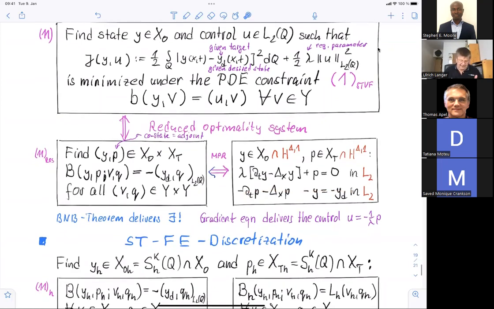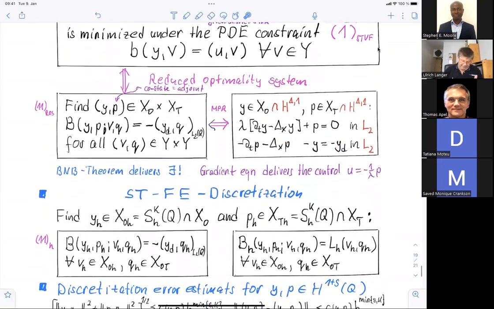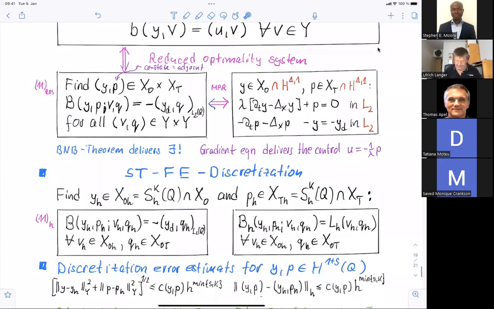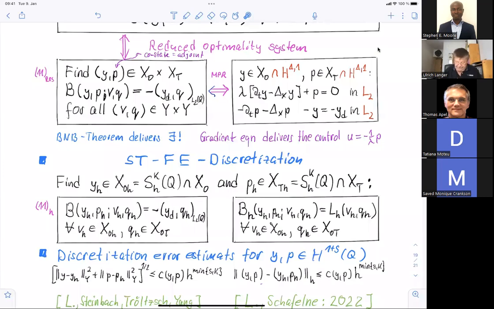So then you can solve with a Galerkin method. You have the same bilinear form, or with an upwind and downwind method. So here you need an upwind test function. Here you need a downwind test function, of course.